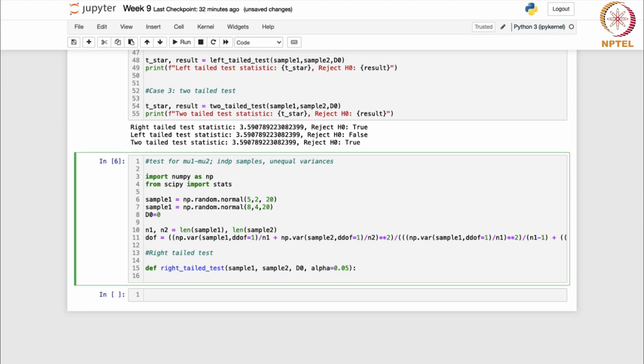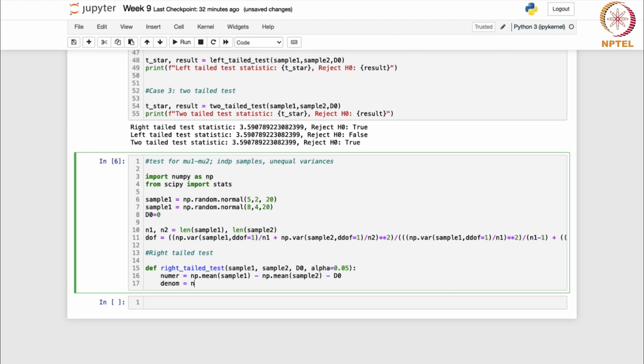Now you calculate your test statistic. Again, in the numerator, what do you have? You have np.mean of the first sample, sample 1, minus np.mean of sample 2, minus d0.